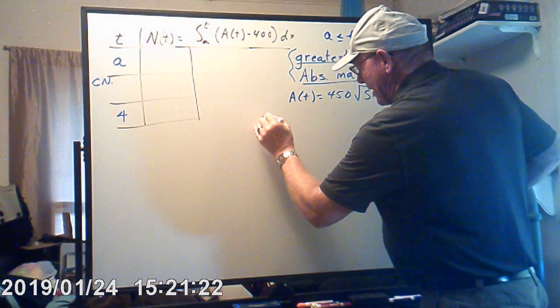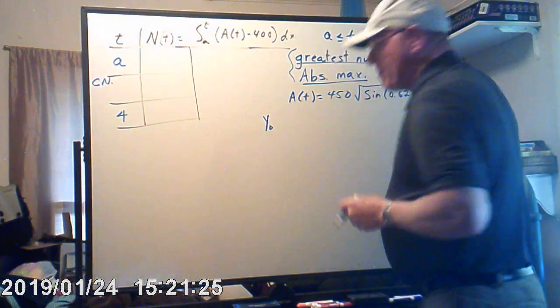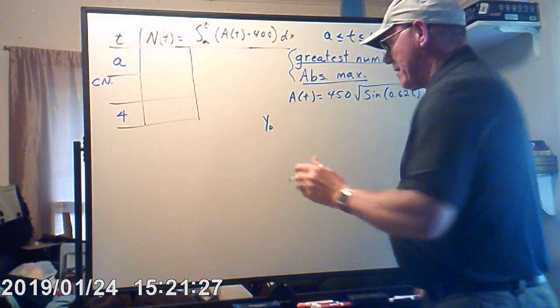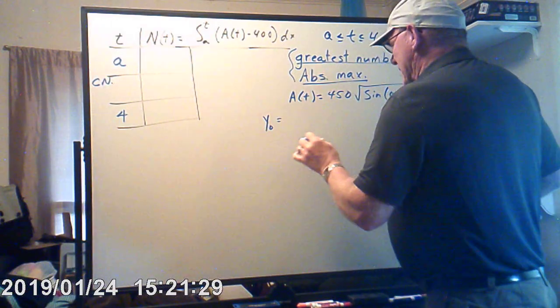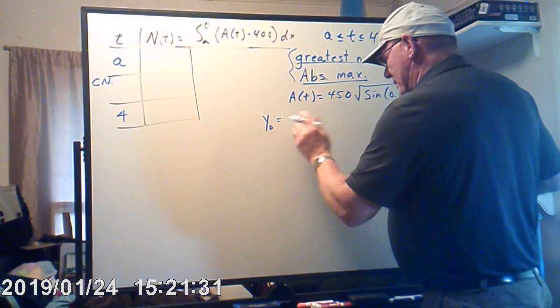I have on my calculator y sub 0. You might have on yours y sub 1, but I'm going to go with y sub 0, and this is what I'm doing. I'm going to put this in there.